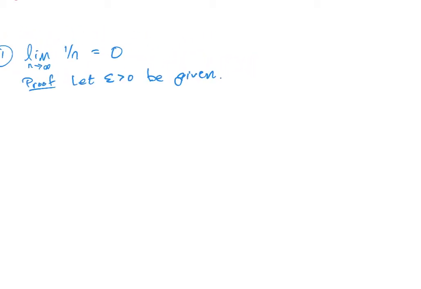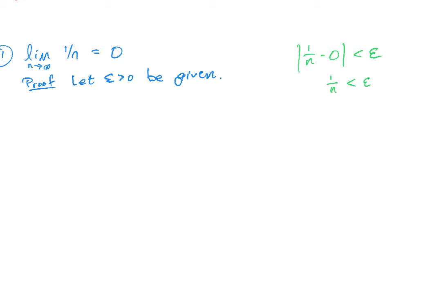What do we want? We want the absolute value of 1 over n minus 0 to be less than epsilon. Well, the absolute value of 1 over n minus 0 is just 1 over n, because n is a positive integer, so we want that to be less than epsilon.